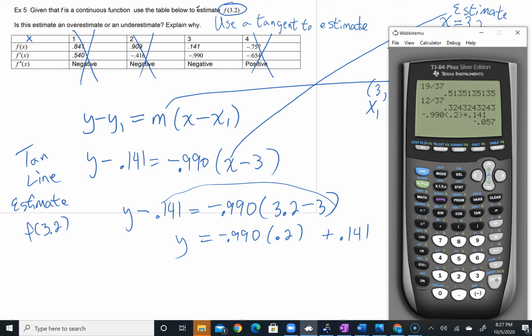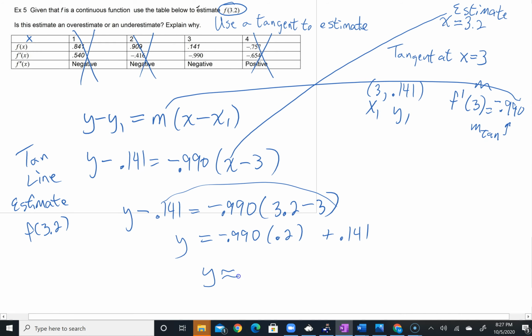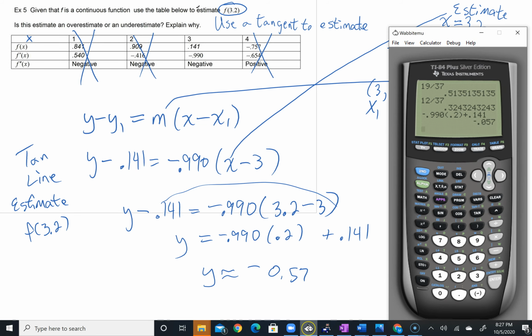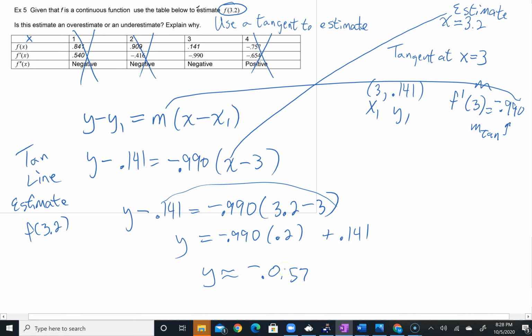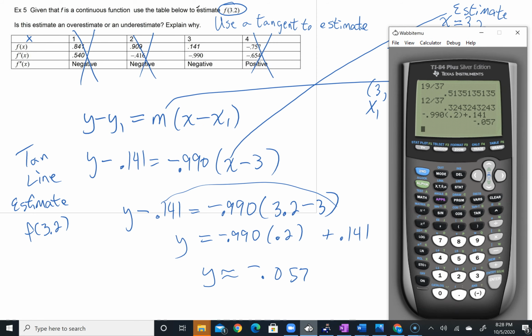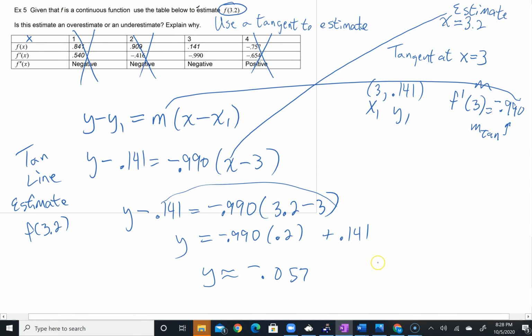Or 0.057, sorry. Good thing I double checked that. So the calculator's telling us pretty nicely that f of 3.2 is about this value.